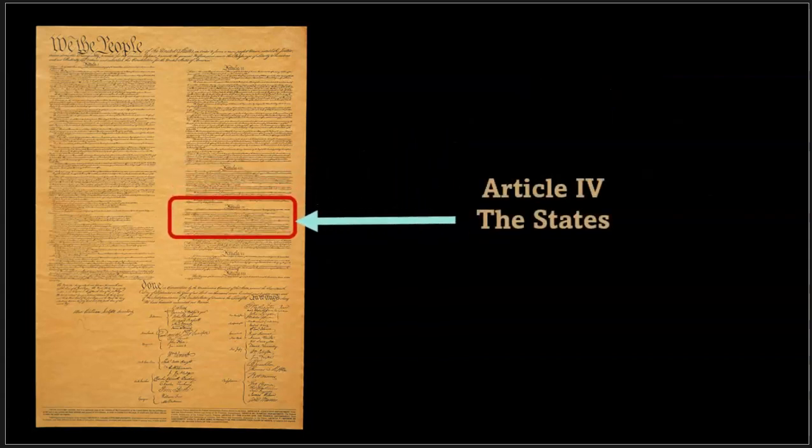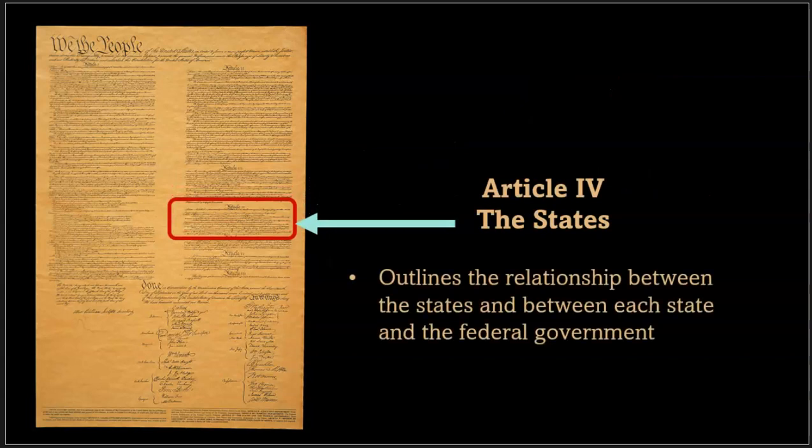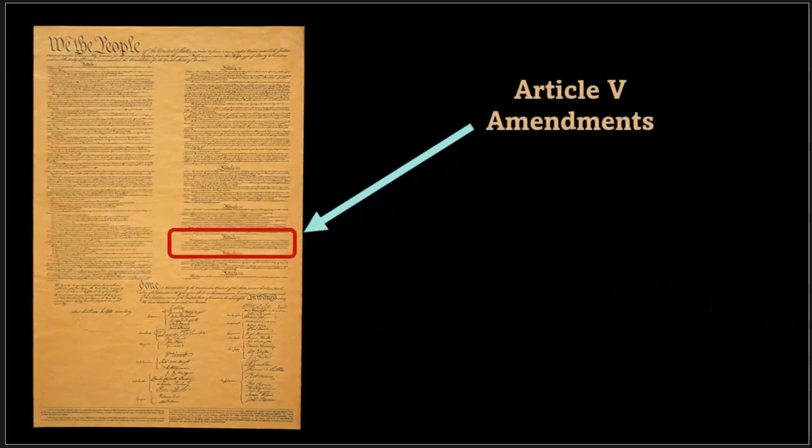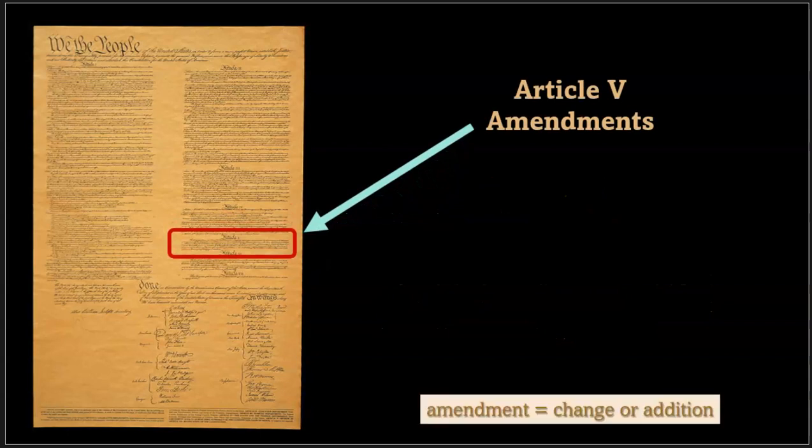Article 4 is about the states. It outlines the relationship between the various states and the relationship between each state and the federal government. So Article 4 is about the states. Article 5 is about the amendments.